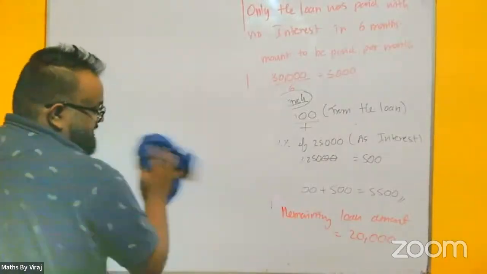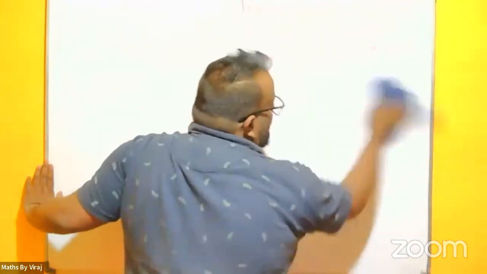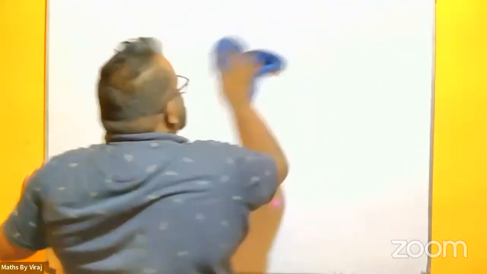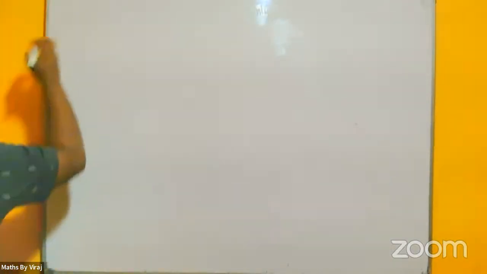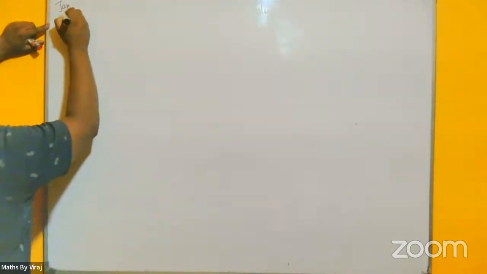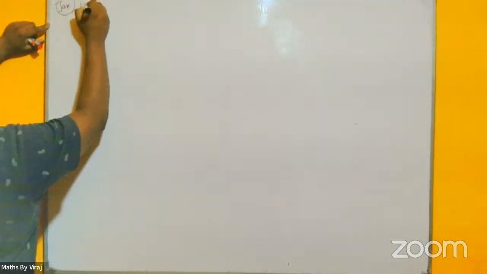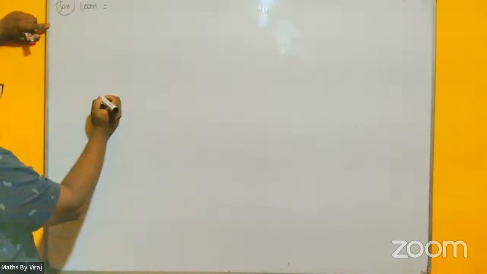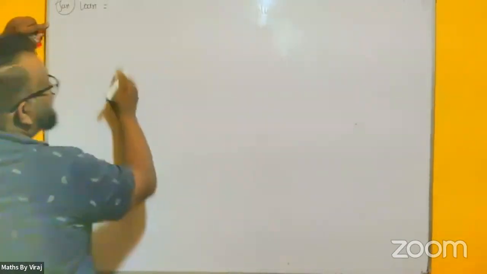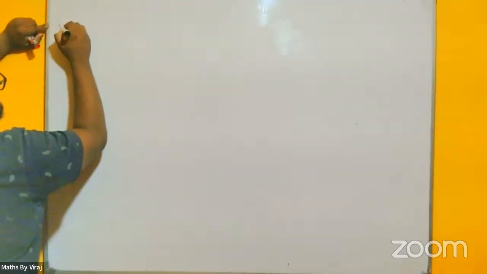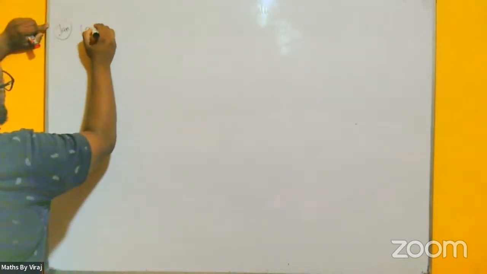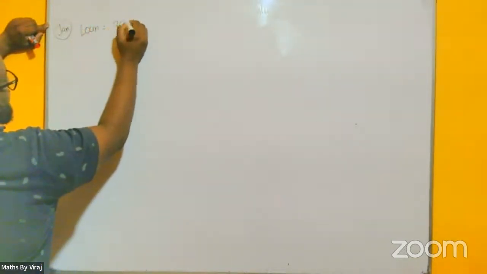Let's do this calculation one more time for the whole 6 months and let's see what we can understand from it. Okay? This happens in January. Loan amount is what? The loan is 30,000.